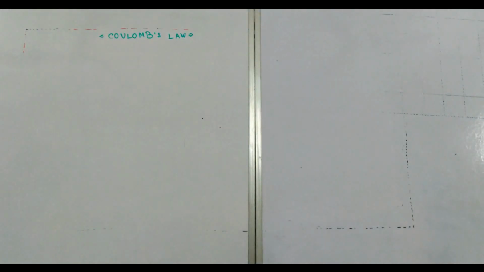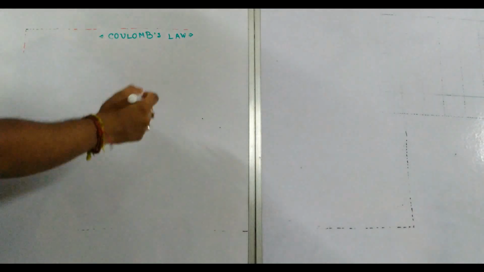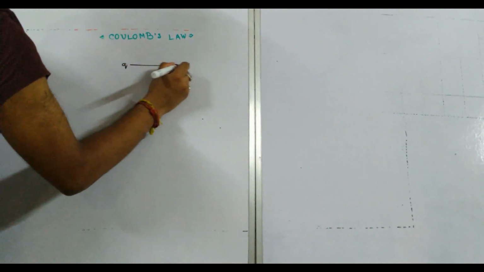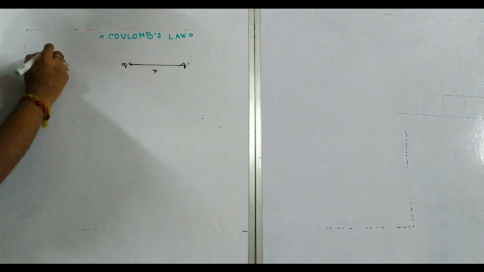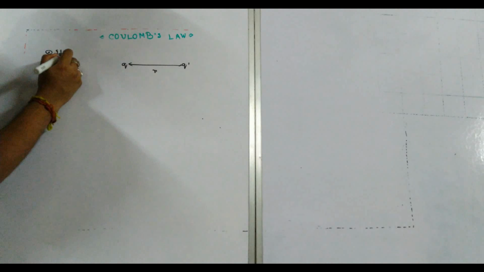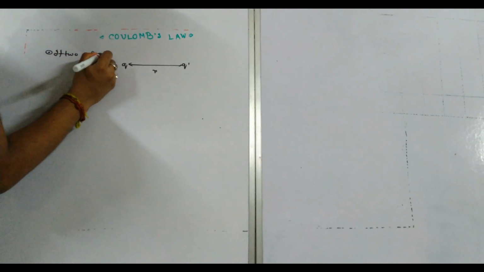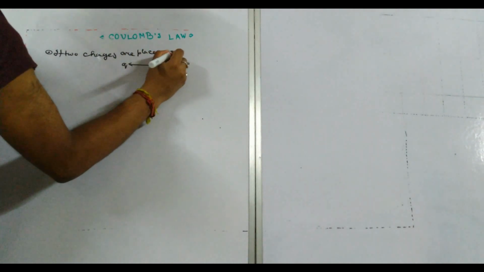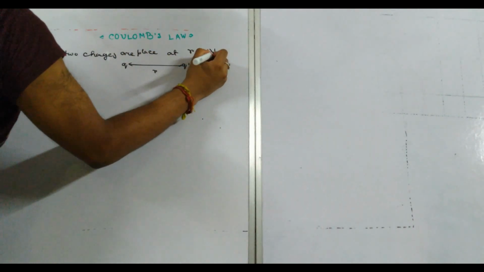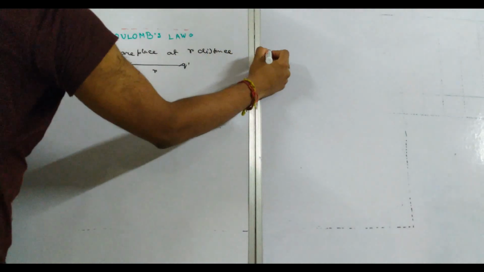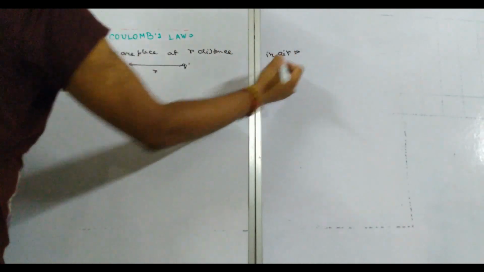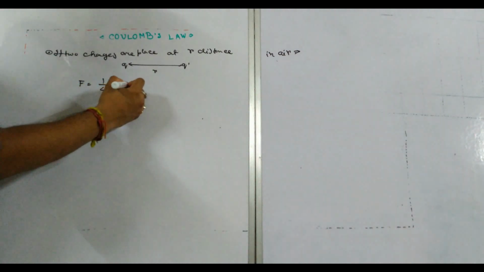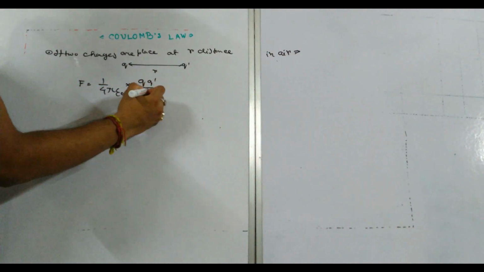If two charges Q and Q dash are placed at distance r in air, then the force of attraction will be 1 by 4 pi epsilon naught into Q Q dash by r square.